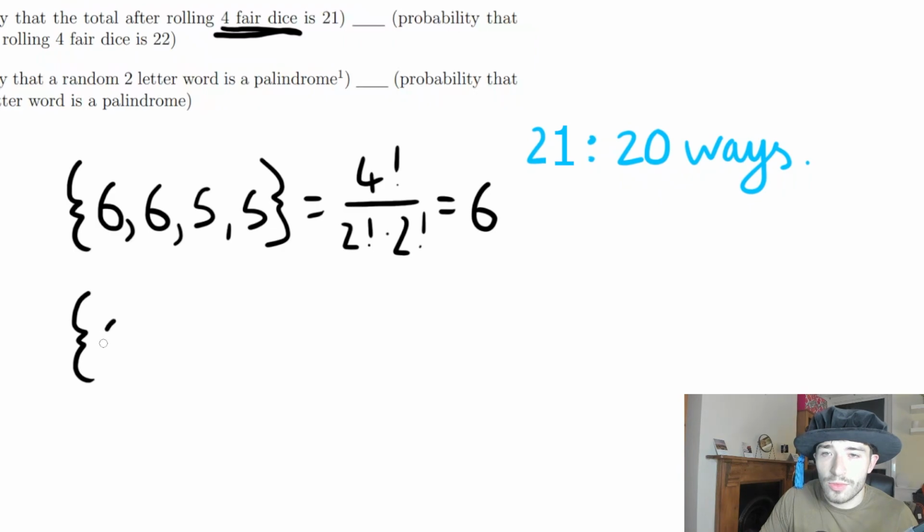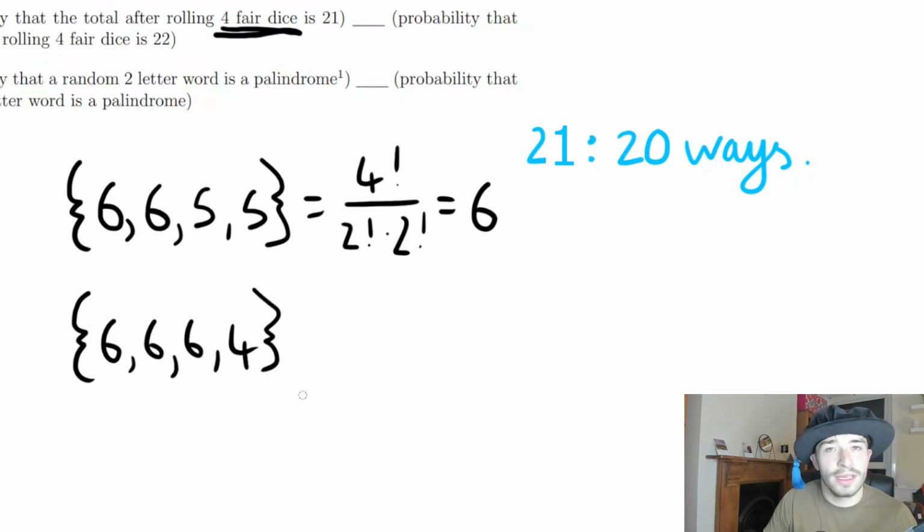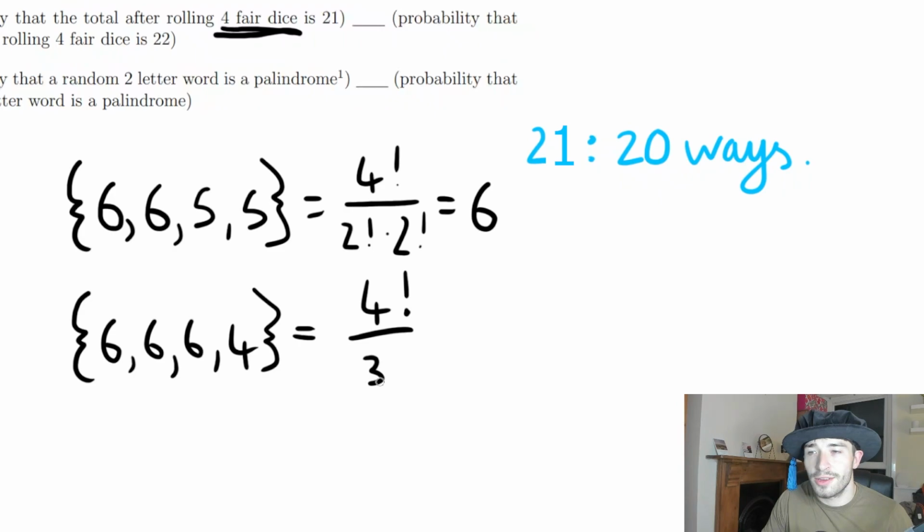Now, last one we could have 6, 6, 6, 4. There are no others. So this is 4 factorial over, pause the video and guess, 3 factorial. I'm sure you got it right. So that means there are 4. So 6 plus 4, 10 ways.